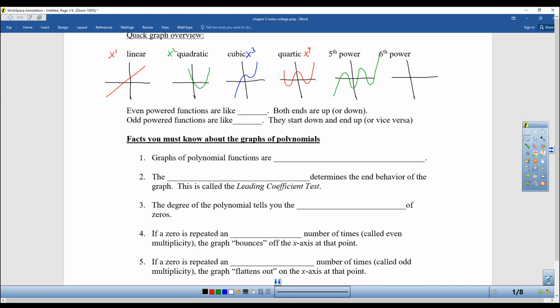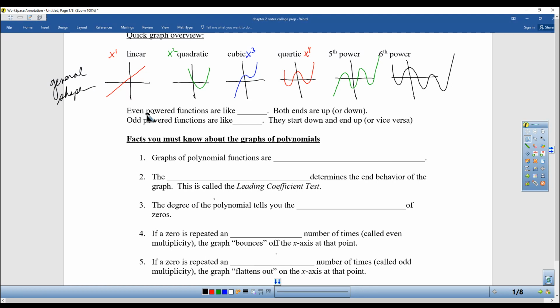And then the sixth power is 1, 2, 3, 4, 5, 6. Obviously, they can change in where they're located, whether or not they are flipped upside down, how steep they are, but this is the very, very general shape.